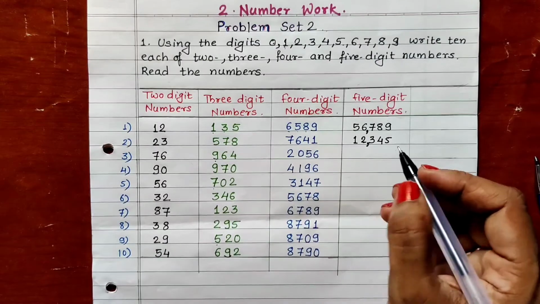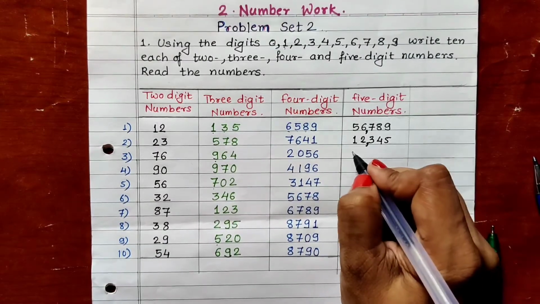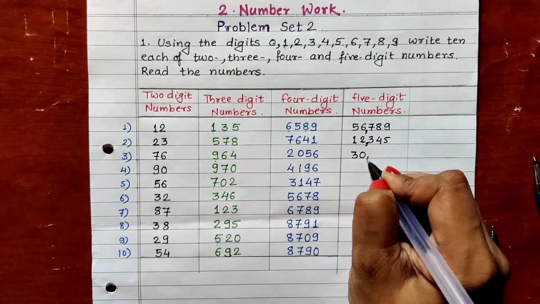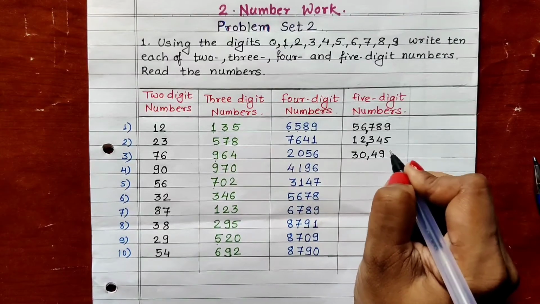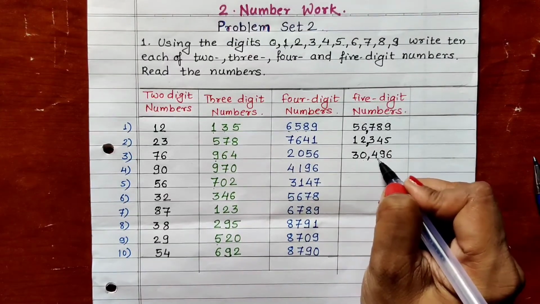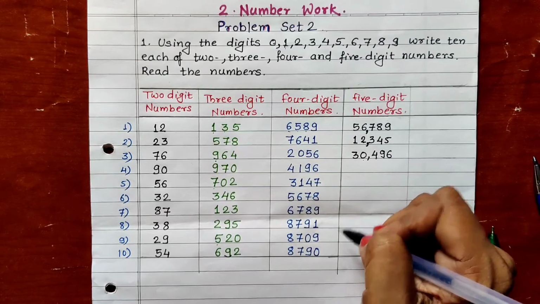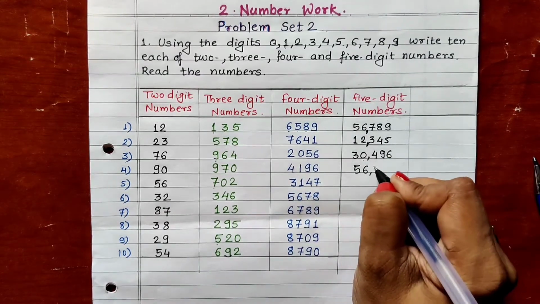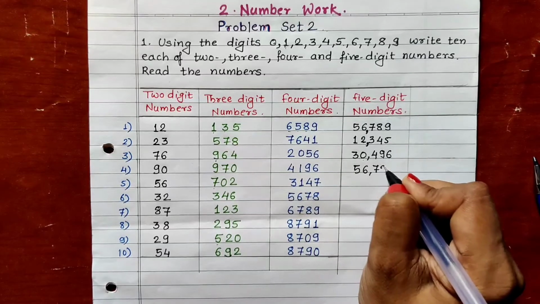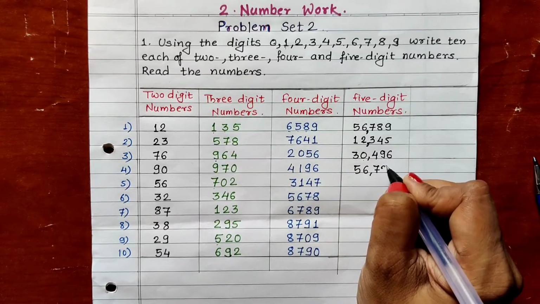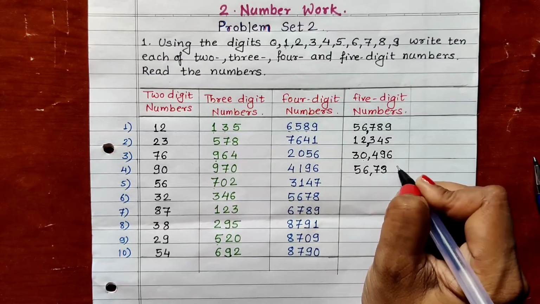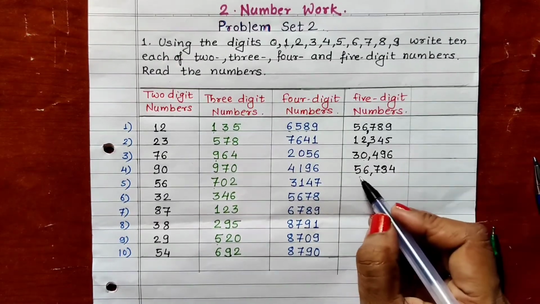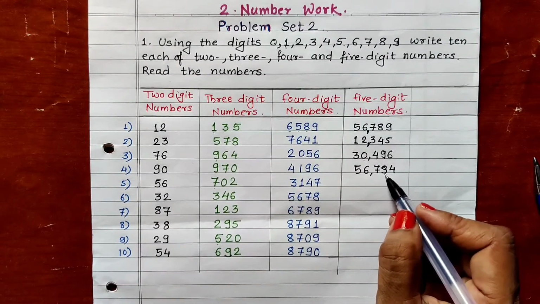Now let us write maybe 3, 0, 4, 9, 6. So it will be 30,496. If I write 5, 6, 7, 3, 4, it will be 56,734.